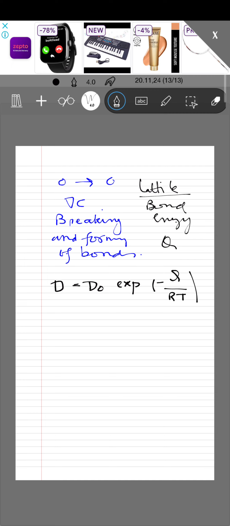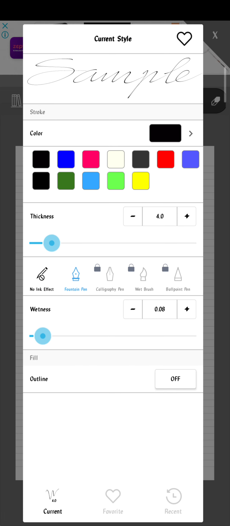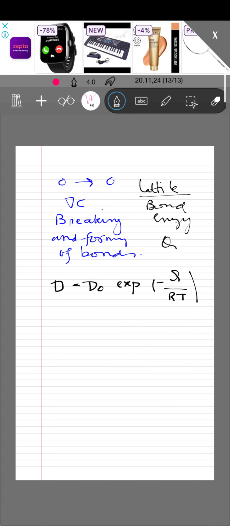So it shows that the diffusion depends not only upon the activation energy, that is actually related to the bond strength, but also on the temperature. The higher the temperature, the more energy these atoms will get for breaking and making bonds, and the traveling becomes much easier.